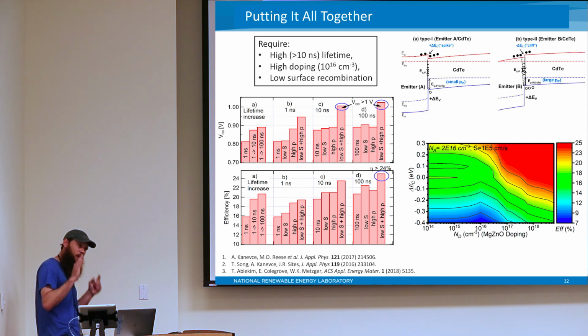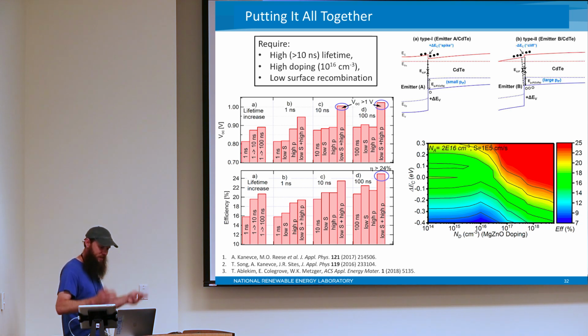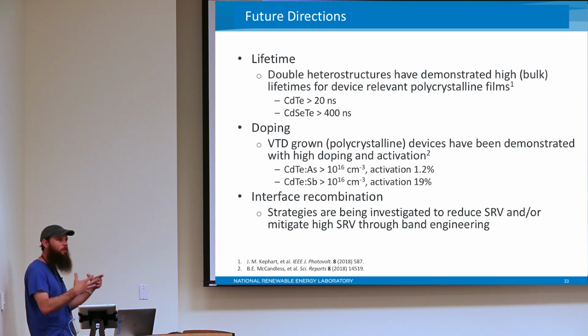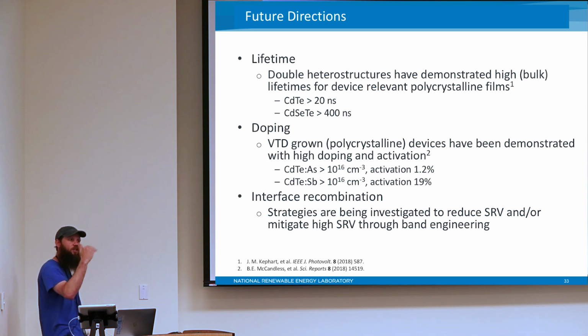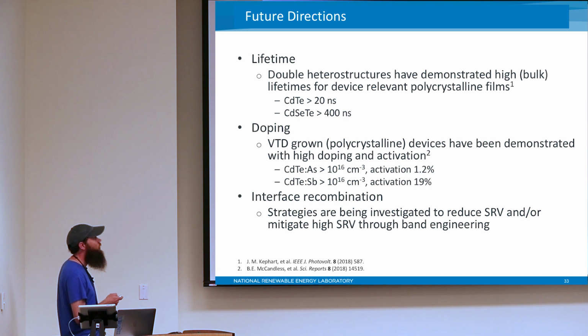So these are some of the things that people have demonstrated, but we're trying to put all of those pieces together to move past that 22% into the region that we have not lived in. Not just in single crystals, we've now been starting to demonstrate higher lifetimes in cadmium telluride, and it turns out that selenium actually has a passivating role, because a lot of those tellurium defects can now be replaced with selenium.